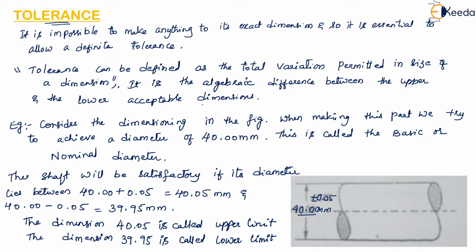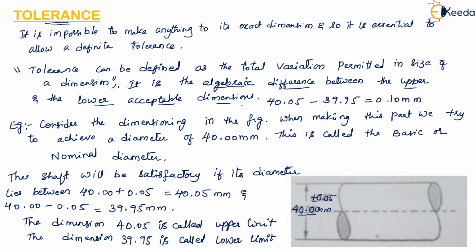So here, the algebraic difference between the upper and the lower acceptable dimension, the tolerance, will become 40.05 minus 39.95, which can be written as 0.10 mm. And also tolerance is always a positive number.